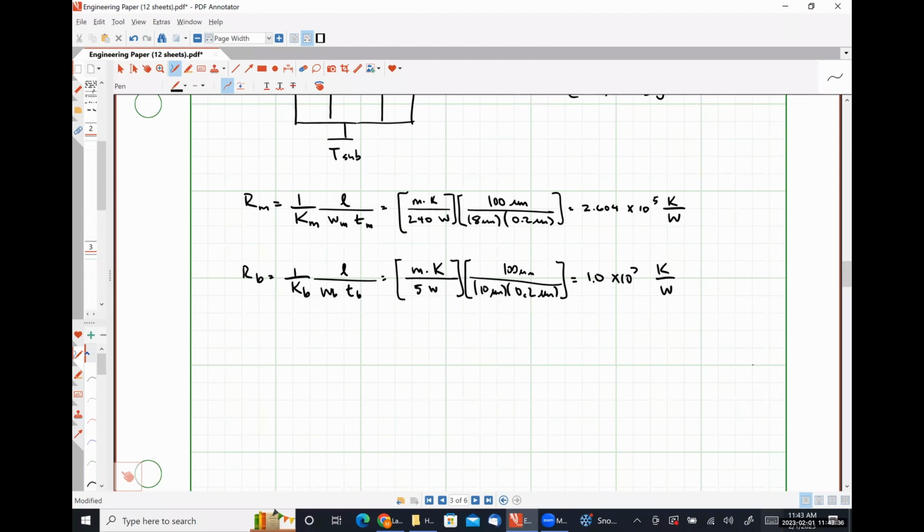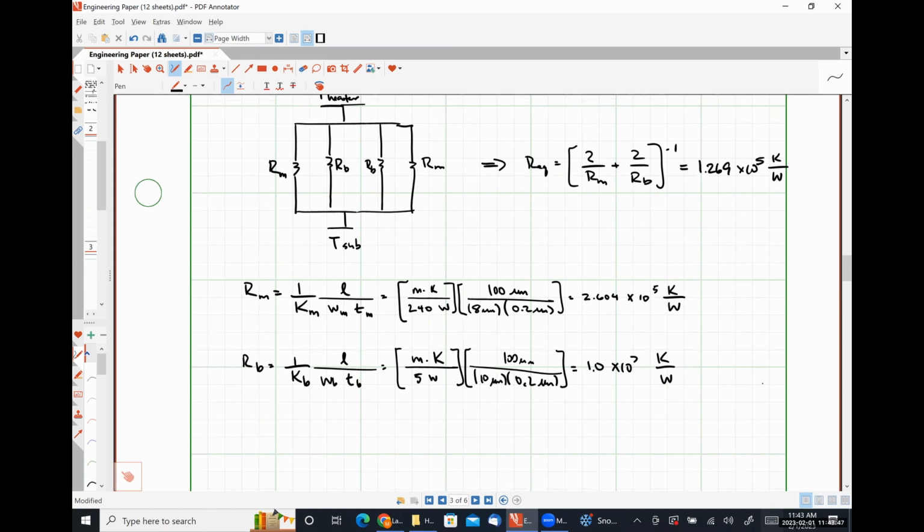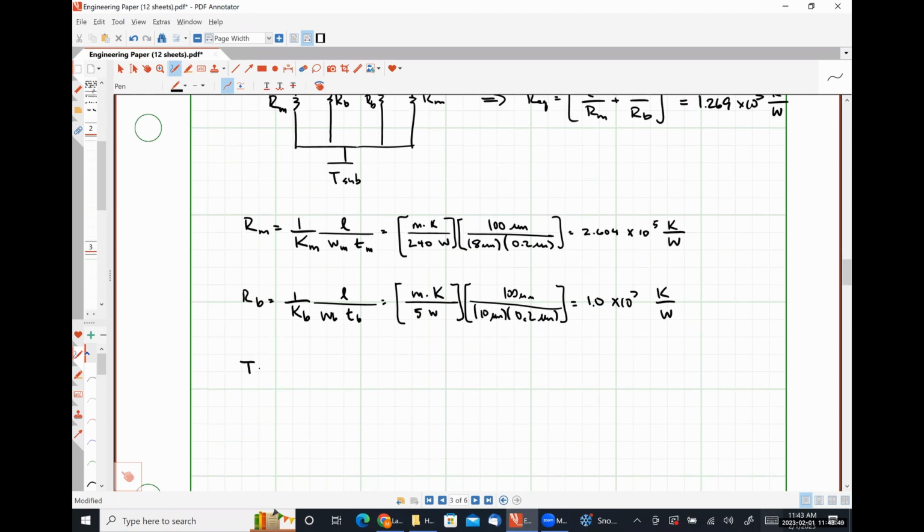And then from this, we are effectively going to write a Kirchhoff's voltage law equation where temperature is playing the role of our voltage, right? So the temperature of our heater is going to be the temperature of our substrate plus the equivalent thermal resistance of our beam structure multiplied by our input power.